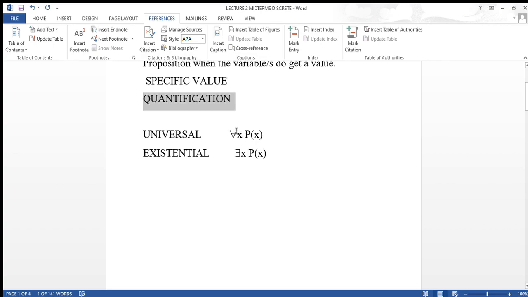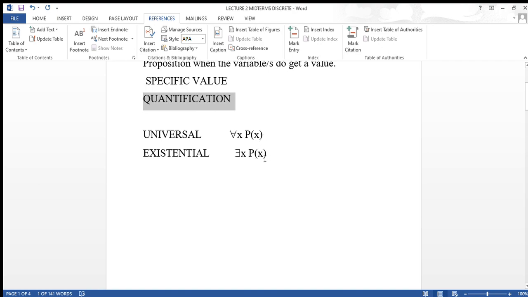Every element in that universe of discourse must satisfy the condition given to make our open proposition true. That also means that if there is one value in the universe of discourse that will not satisfy the condition given, then the proposition will get a truth value of false.